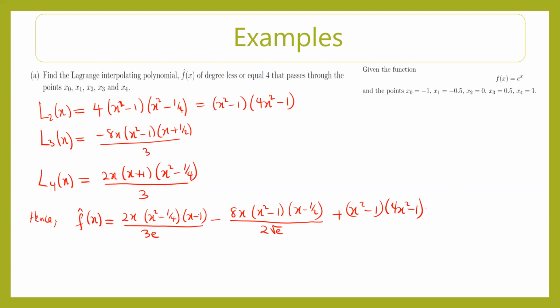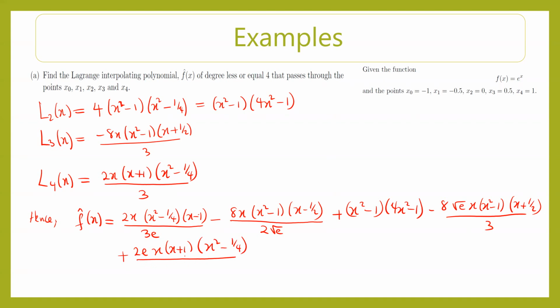This has no corresponding y. Y2 is 1. So minus 8 square root of e, x squared minus 1, x plus 1 over 2, all divided by 3. Now you get the last one will be plus 2e, x plus 1, x squared minus 1 over 4, all over 3. That would be the approximating polynomial.